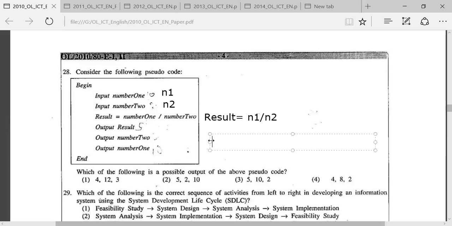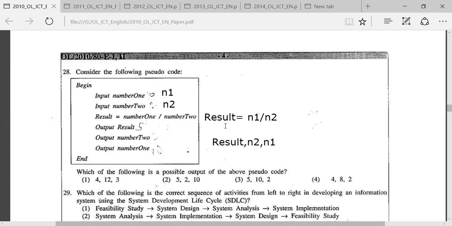So in your answer, the order is result, n2, comma n1. This is your order, right? Then you have to compare each and every answer option and choose the correct answer.